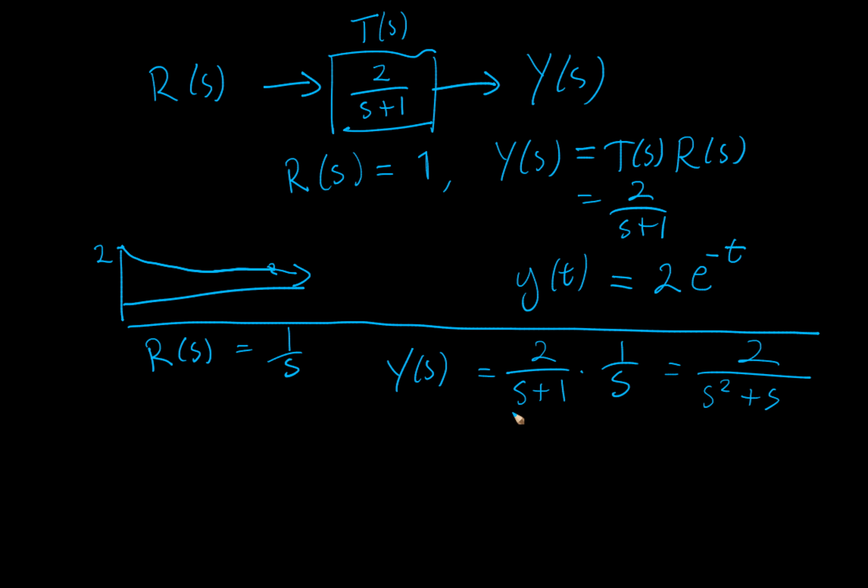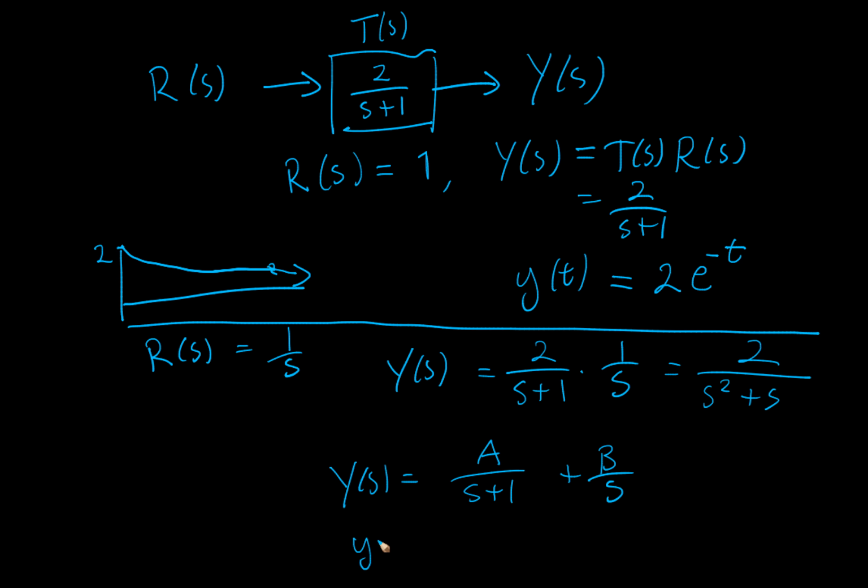The key point in the partial fraction expansion is that it's easier in this factored form. So we're going to have Y(s) equals A over s plus 1 plus B over s, for some constants A and B, which you can go through and compute.